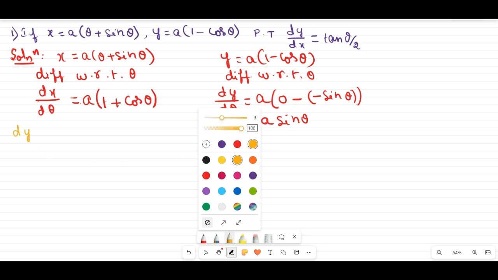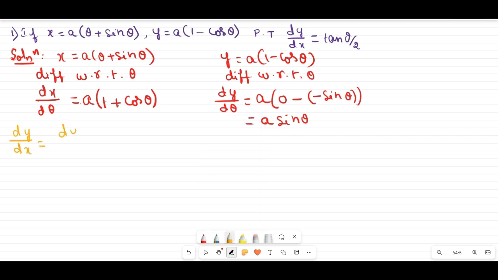We want dy by dx, so dy by dx is equal to, dividing both numerator and denominator by d theta, dy by d theta divided by dx by d theta. We know dy by d theta is a sin theta, and dx by d theta is a into 1 plus cos theta. Both a's get cancelled. We have got sin theta by 1 plus cos theta.